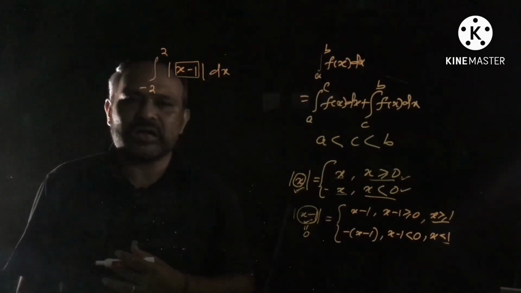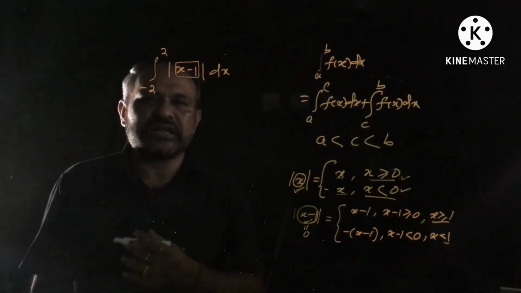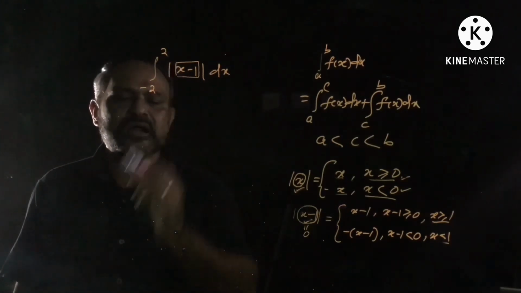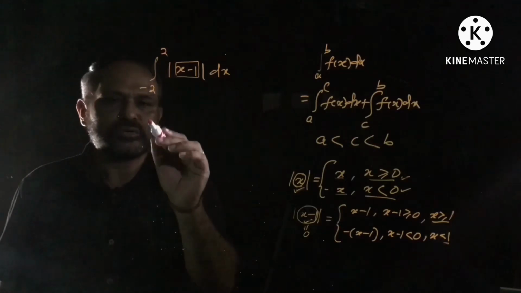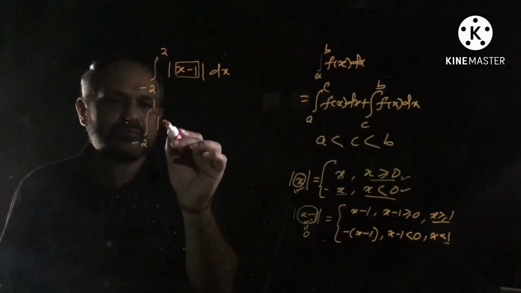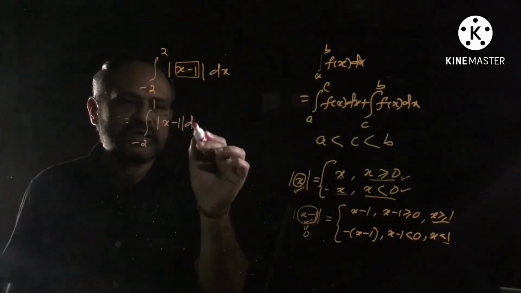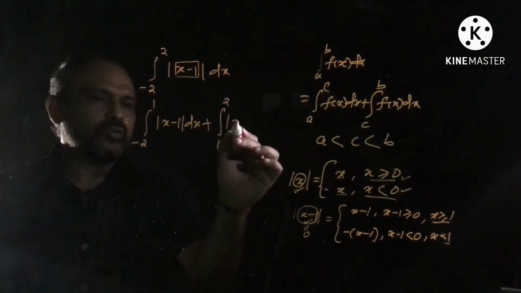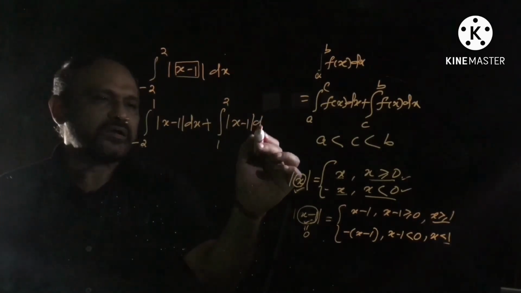If x minus 1 is equal to 0, then x is equal to 1. So we break this interval minus 2 to 2 into integral from minus 2 to 1 of mod x minus 1 dx plus integral from 1 to 2 of mod x minus 1 dx.